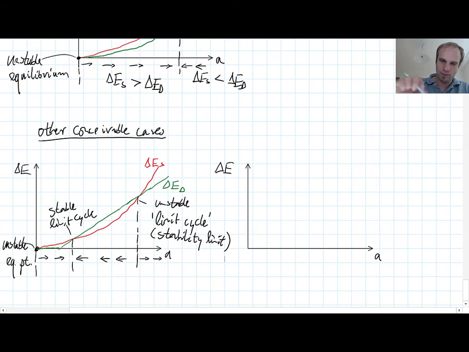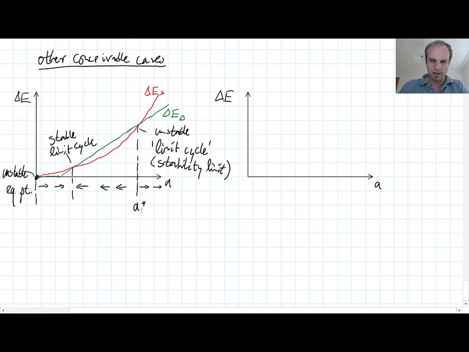Then as soon as we have an amplitude beyond this point, beyond this A star, we will not have any stable oscillations anymore, any bounded oscillations. So this is interesting because only in this range here we have stable behavior, or we have bounded behavior.